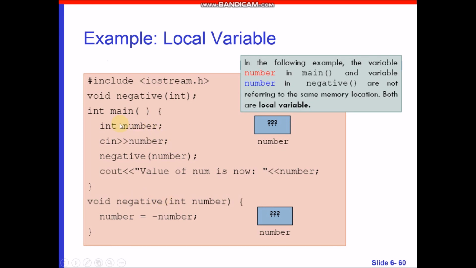So it means that the variable that you already declared here, which is int number, can only be accessed within the main function only. And the local variable in the parameter of the void negative can only be accessed within this void negative function only. So that's what we call local variables.